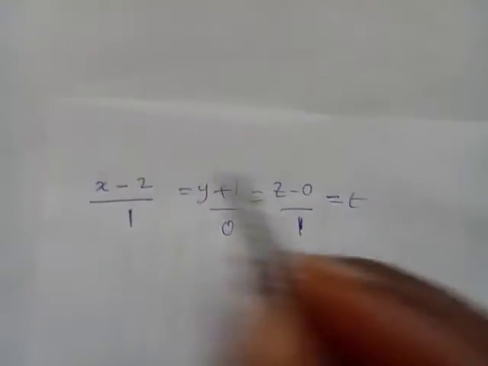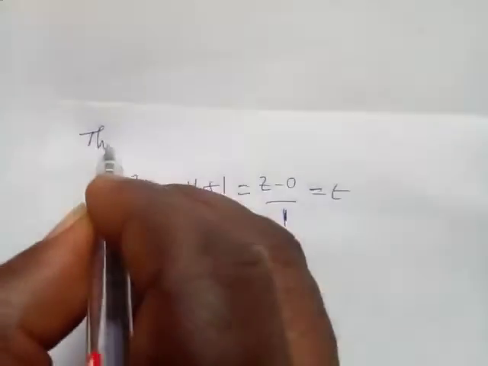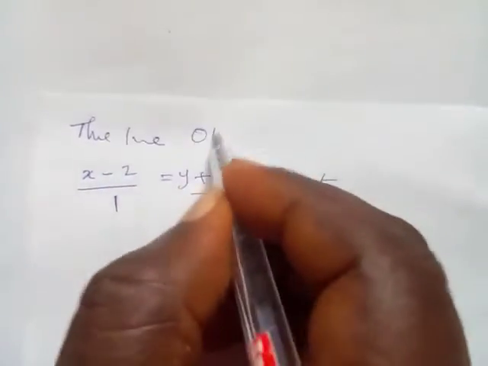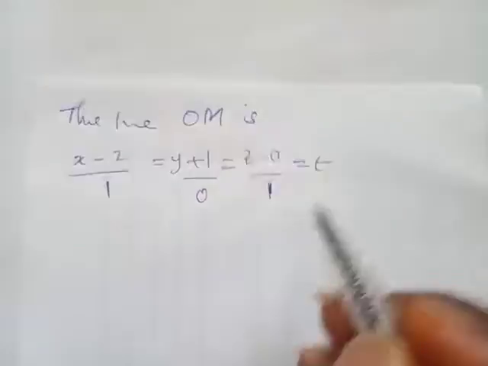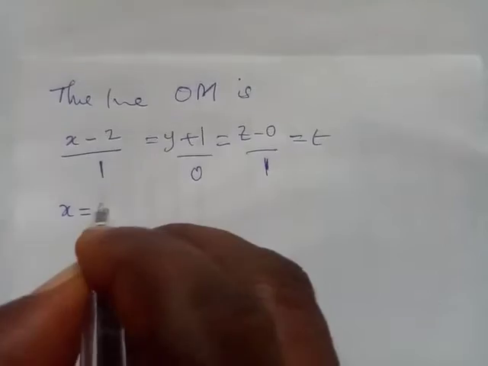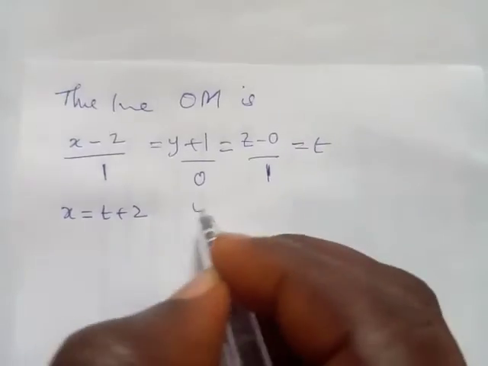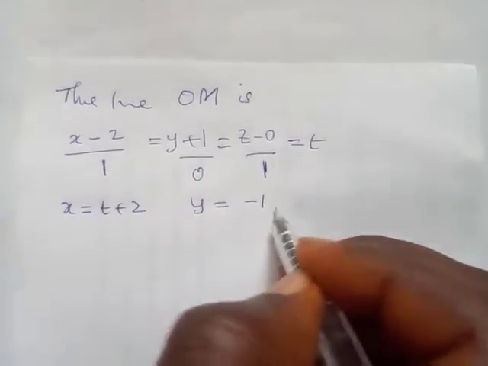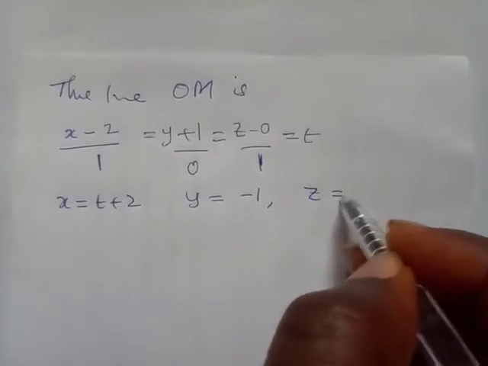So let's assume that the line OM is this. If we make it a parametric formula, x will be equal to t plus 2, y will be equal to minus 1, z will be equal to t.